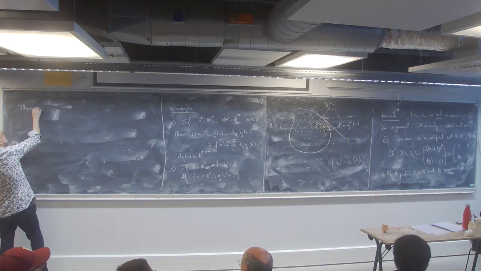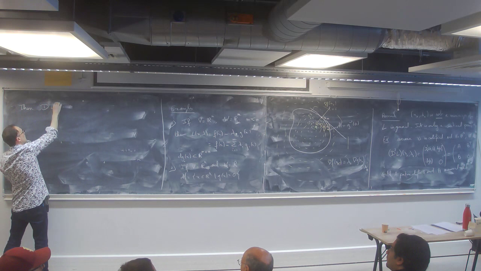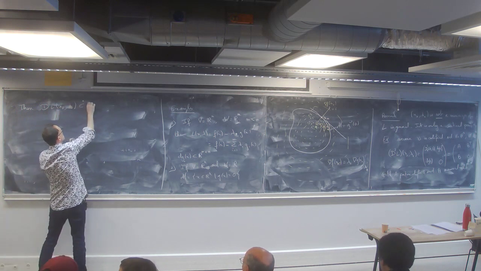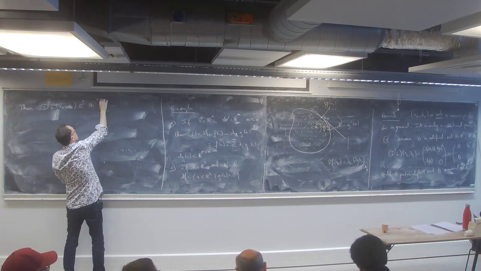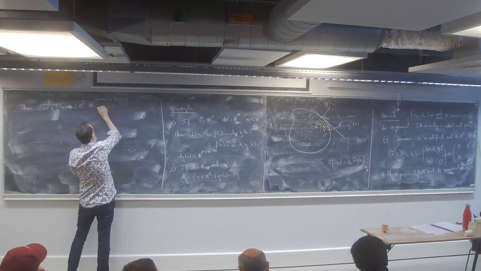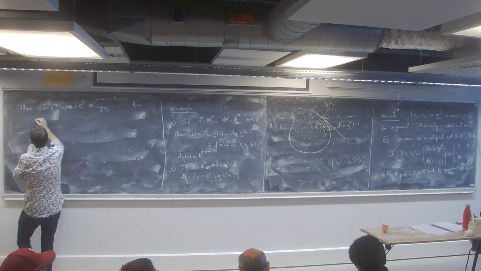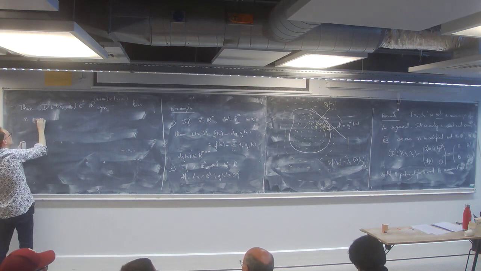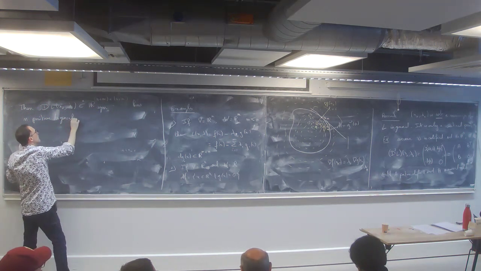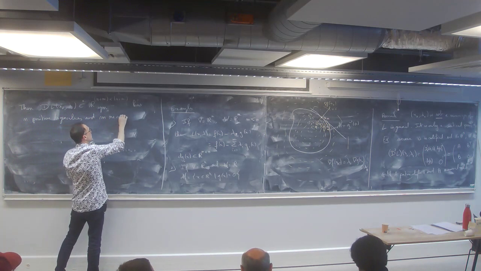Then the second derivative of L, so the Hessian matrix, okay? It's a Hessian matrix of size n plus m times n plus m, and it's symmetric, with n positive eigenvalues and m negative eigenvalues.